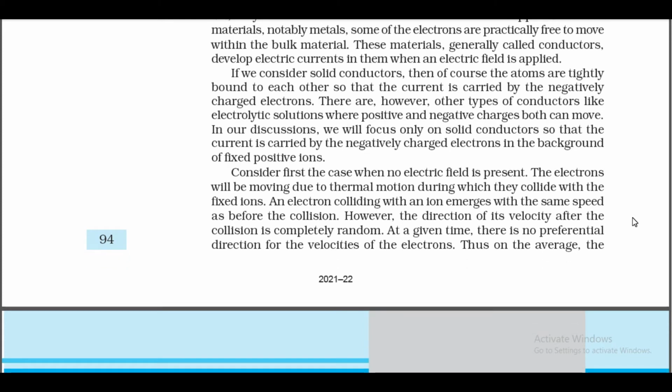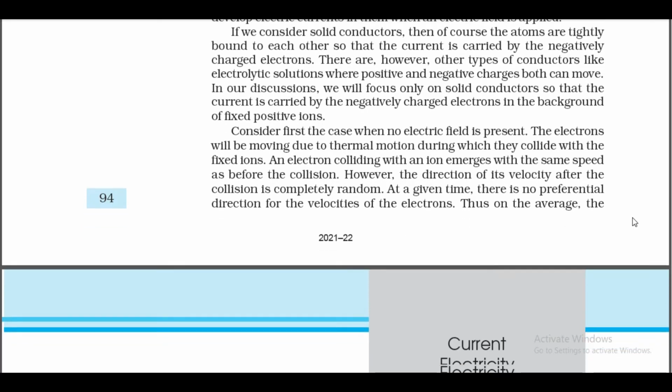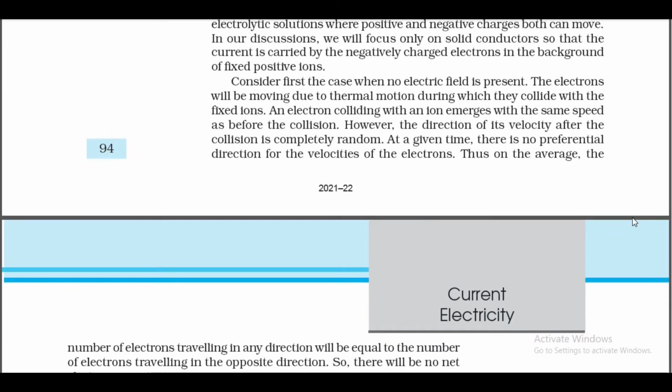Consider first the case when no electric field is present. The electrons will be moving due to thermal motion during which they collide with the fixed ions. An electron colliding with an ion emerges with the same speed as before the collision. However, the direction of its velocity after the collision is completely random.